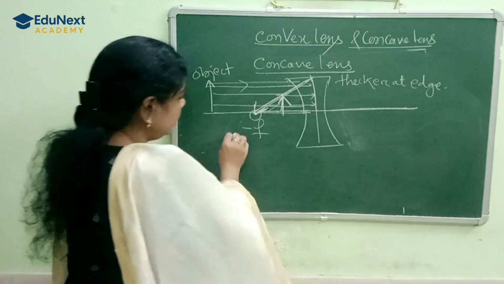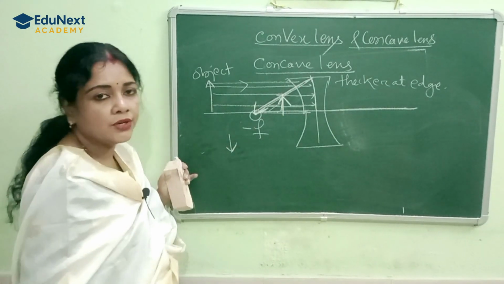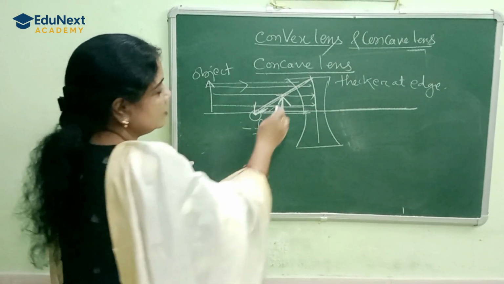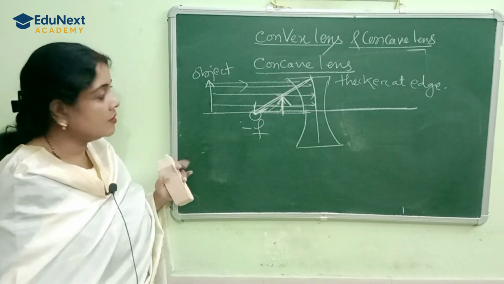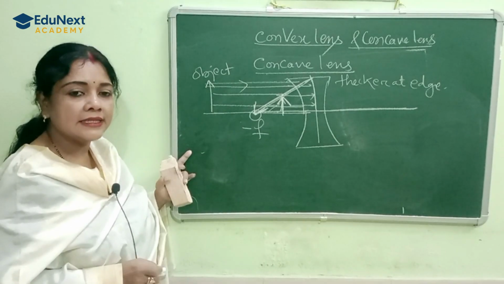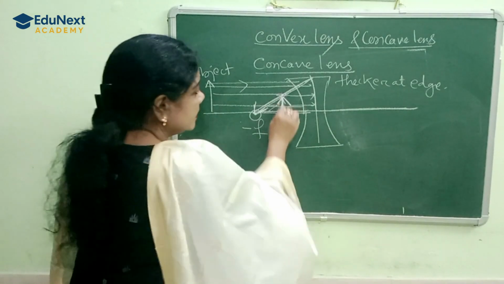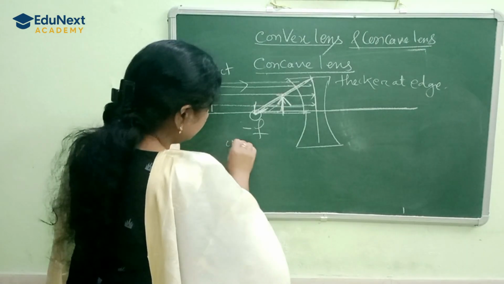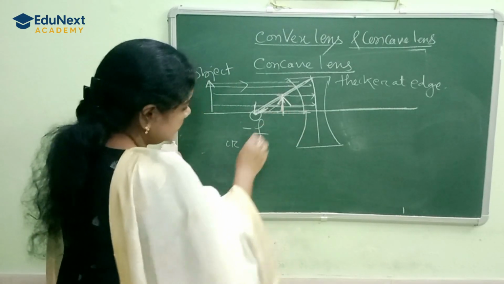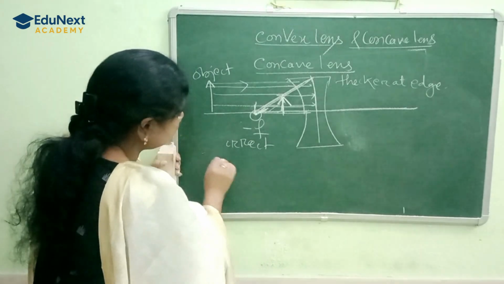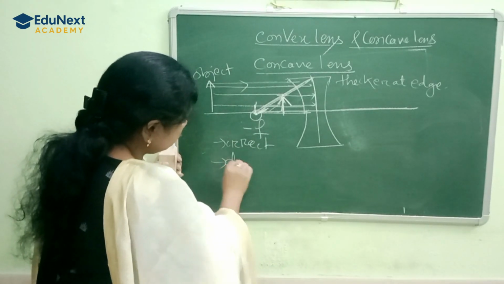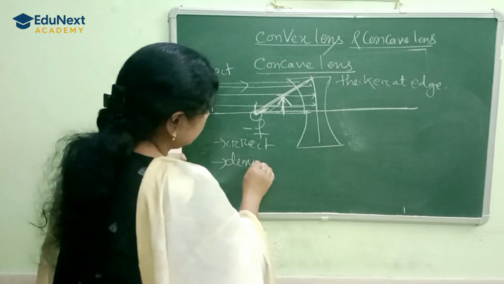If the image is like this, it is known as inverted. If the direction of the image is the same as the direction of the object, it is known as erect, right? The image is erect but diminished, meaning small.